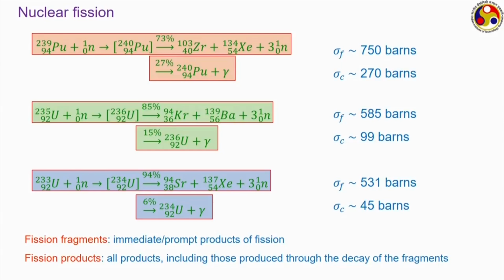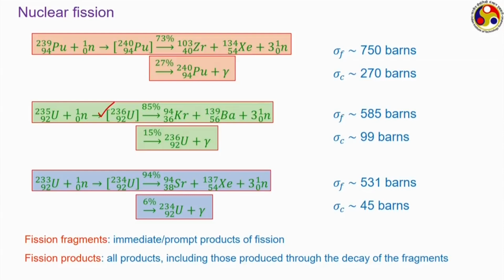Also, I would like to briefly go back to the previous slide, where we have seen these examples. I must mention here, these are just one possible way the fission can happen. Let us take the second situation of uranium 235. Once uranium 235 absorbs a neutron to produce uranium 236, it is not possible to predict the next step. That means, out of this 2-step reaction, the first step is always the same, uranium 235 absorbing a neutron to produce uranium 236, but for the second step there are infinite possibilities.